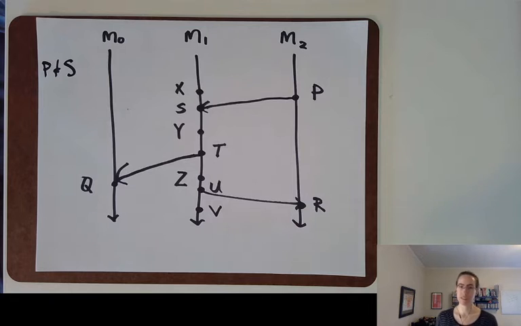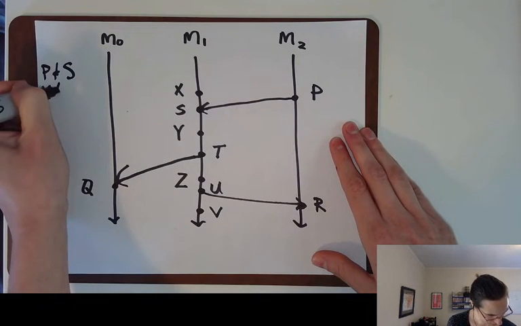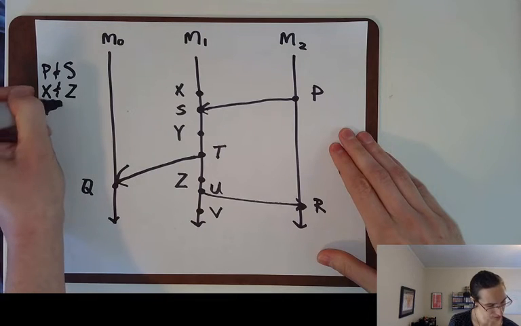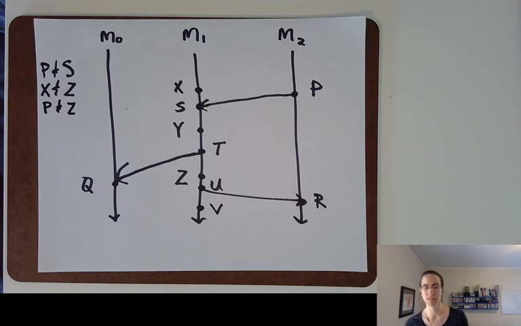Sure. Okay. What about X and Z? Yeah, those ones are as well. Okay. How about P and Z? Yeah, those are as well, by transitivity, right?